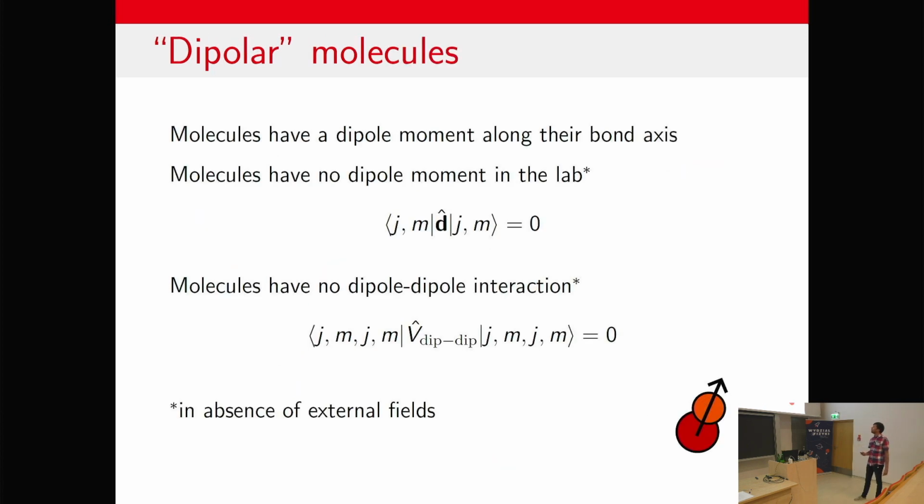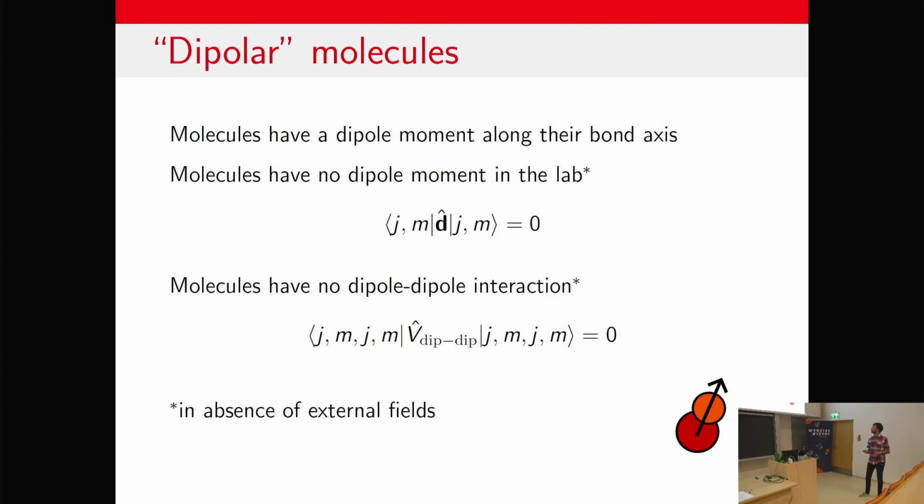This is about dipolar molecules, which, in the simplest case, are diatomic molecules consisting of two different atoms, and this molecule has a dipole moment along the molecular axis.